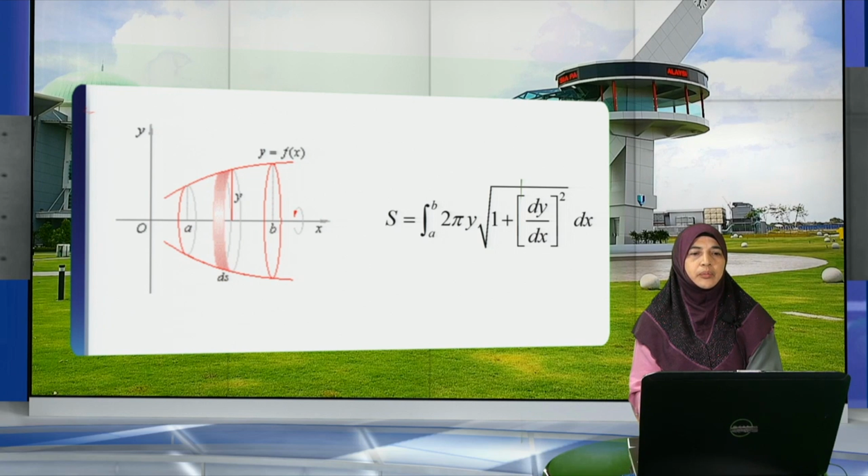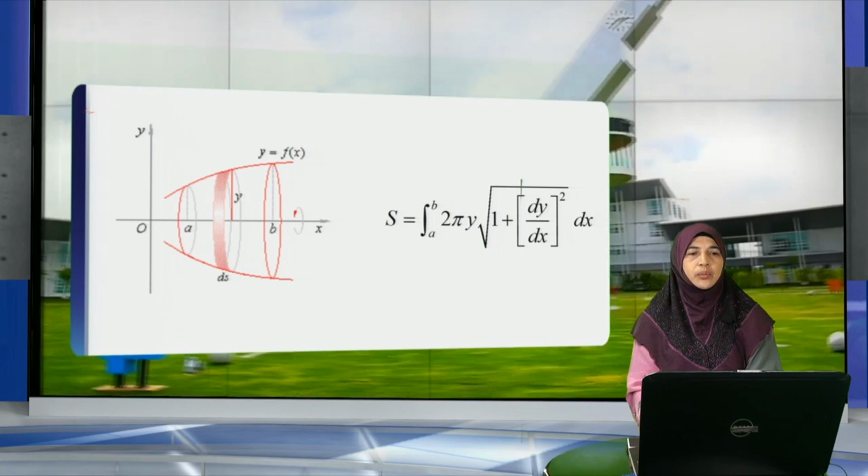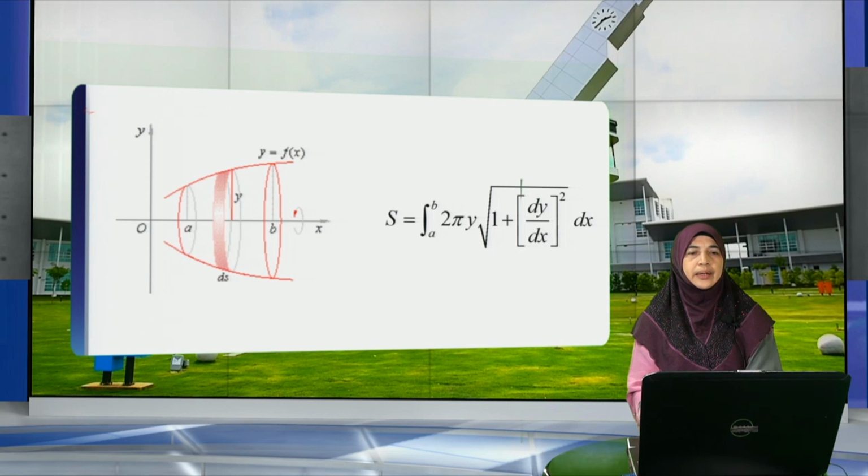So now let's say we want to find the surface area of that piece here. We need to find the circumference of this circle here. The radius is y.